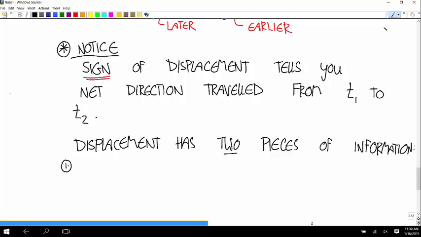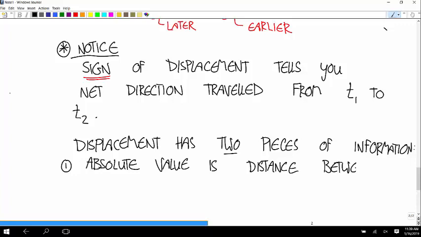The first one is its absolute value. So the absolute value is the distance between those two positions. That's not necessarily the total distance traveled, by the way, because the displacement doesn't know anything that happens in between those two spots.